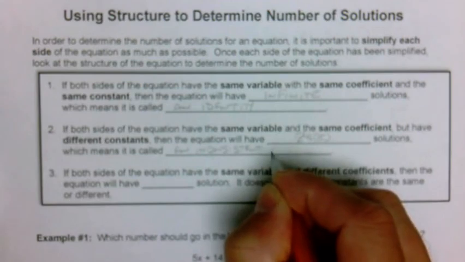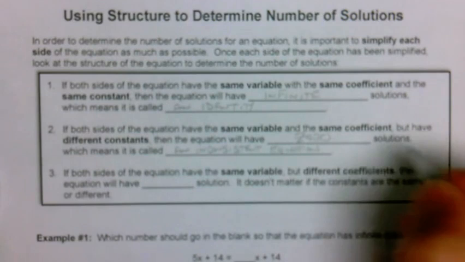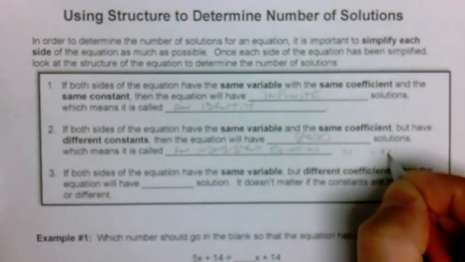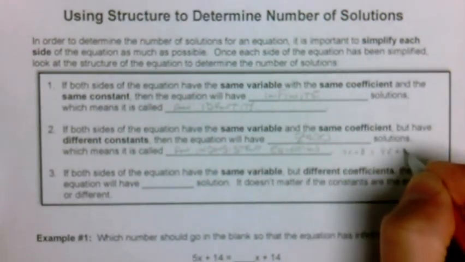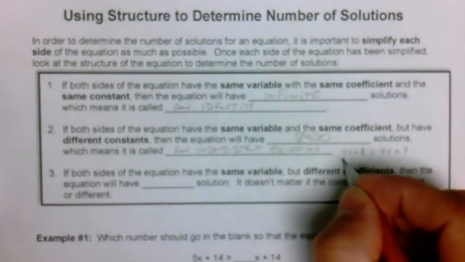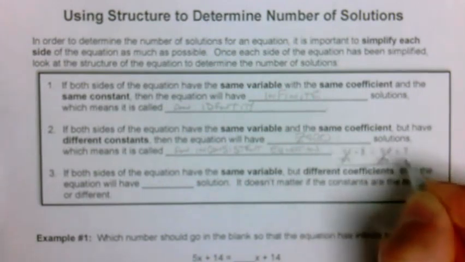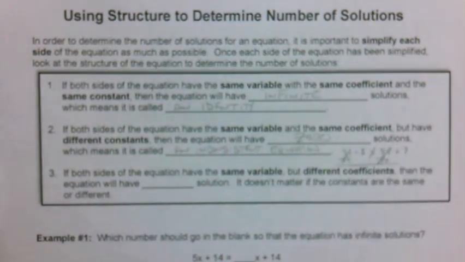I can write an example: 4x minus 3 equals 4x plus 7. If I subtract the 4x from each side, that leaves me with negative 3 equal to 7, which is never going to be equal.